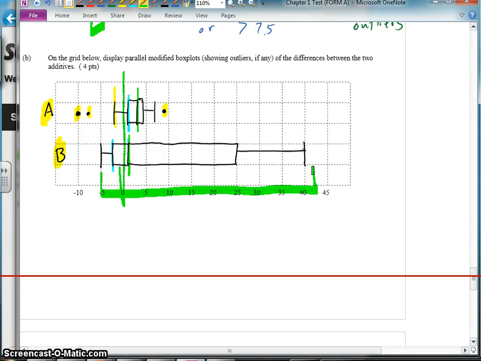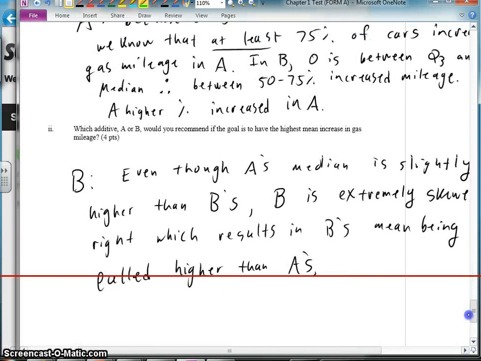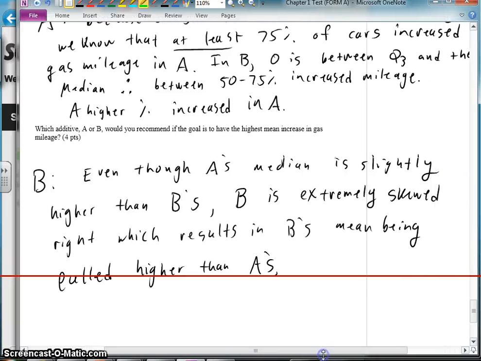It's so skewed right that these higher values are going to pull the mean further to the right than A's. So B is going to have a higher mean increase, and so the answer to that question is B. And you had to mention the skewed nature of the data in order to do that.